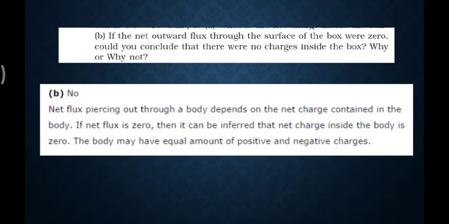If there are equal numbers of positive and negative charges, then the resultant charge is not there, but the charges are there. They cancel each other's effect. So it does not mean that charges are not there. Okay, understood.